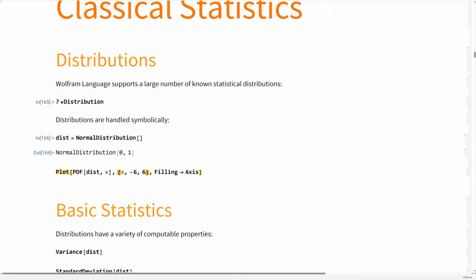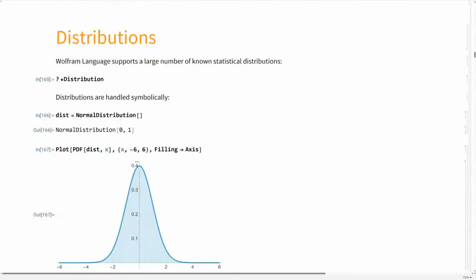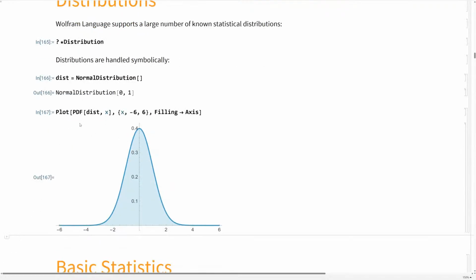Here I assigned my normal distribution to this variable called dist, and what I'm doing is plotting the PDF for this distribution. I can substitute dist with any other distribution.